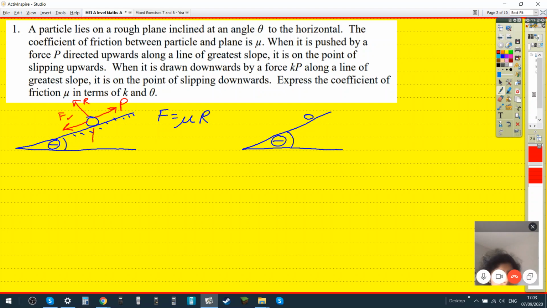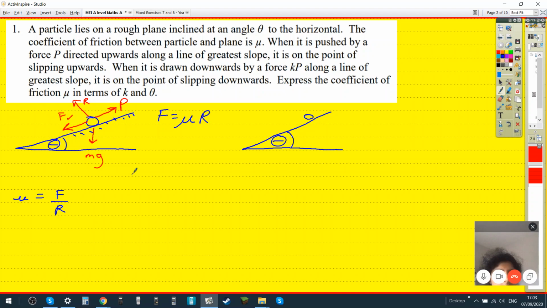So it says express the coefficient. So then you could do mu is equal to F over R, and then you could find what they are.